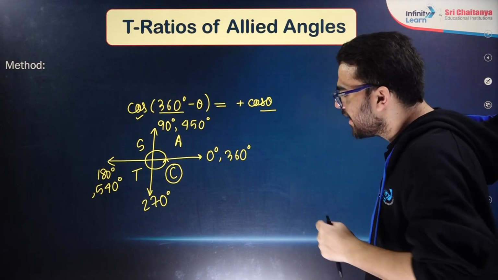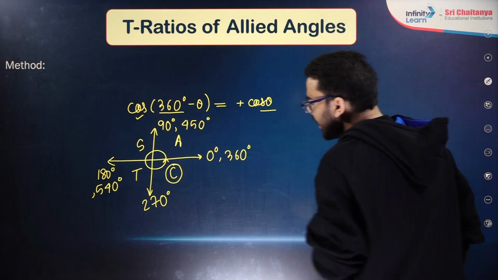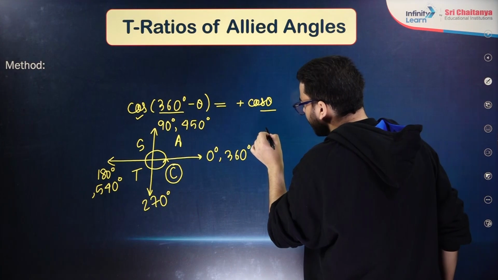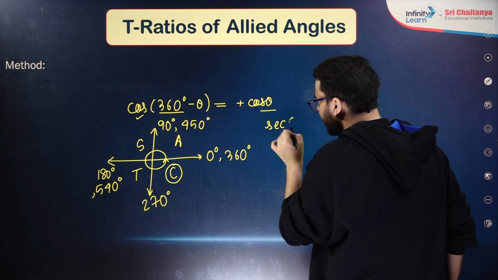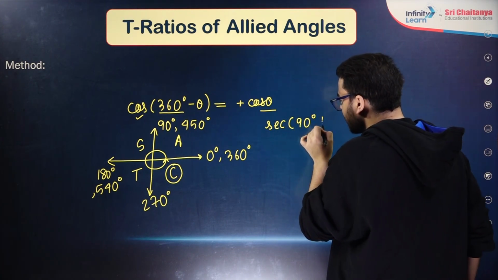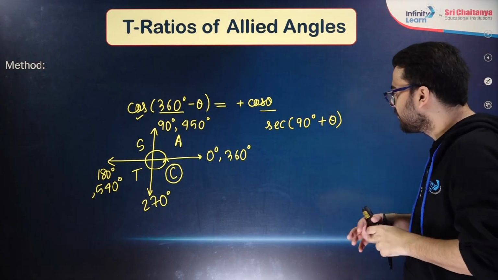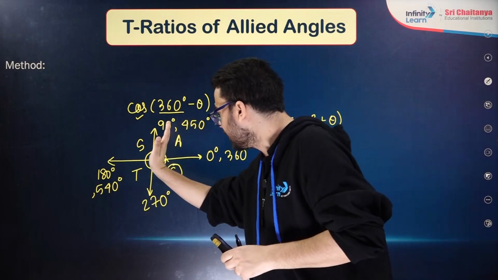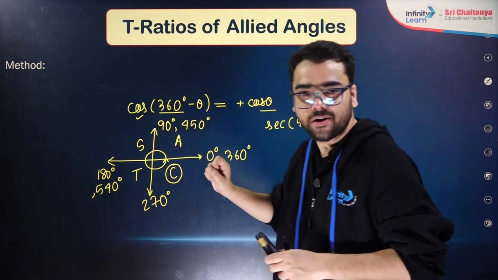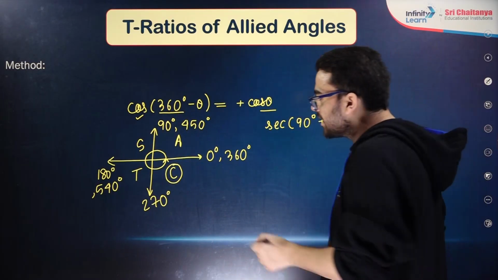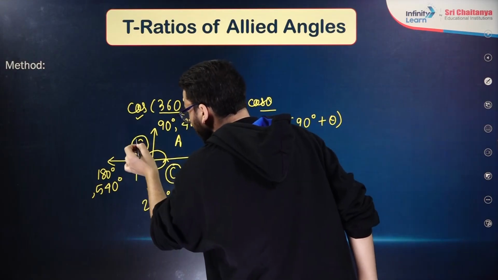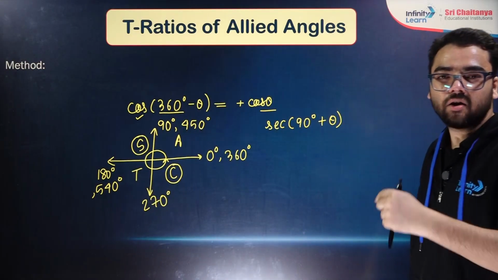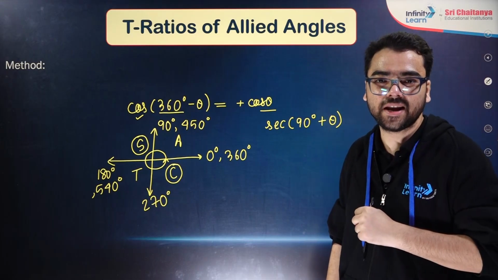Now suppose in the same thing, I ask what is the value of sec 90 plus theta. Again you have to see that 90 plus theta is in which quadrant. So 90 degrees plus theta, you are in the second quadrant. In the second quadrant, S for sine and its reciprocal cosec will be positive and all other trigonometric ratios will be negative.